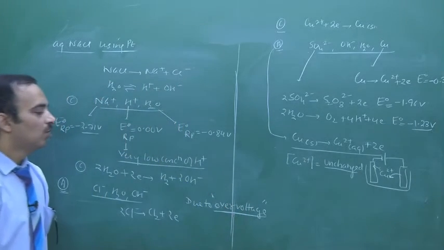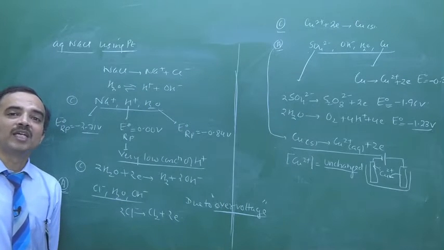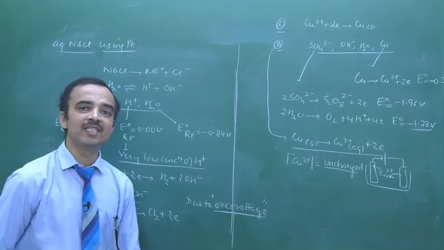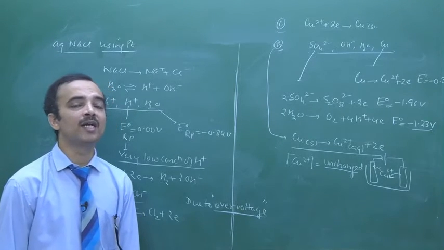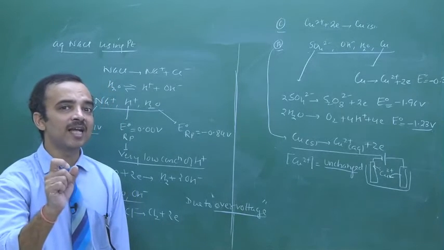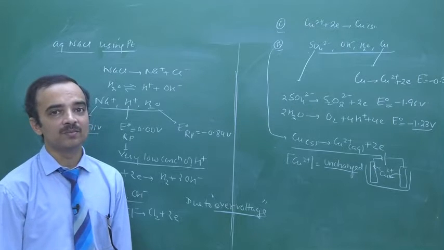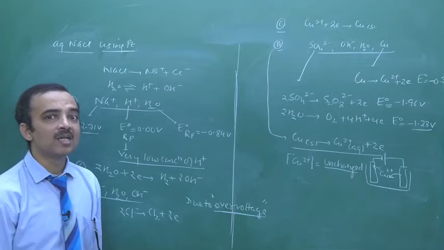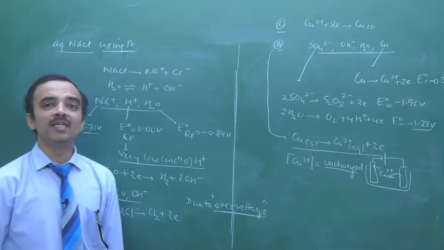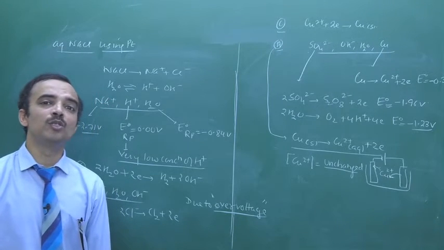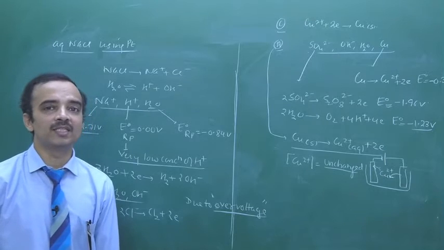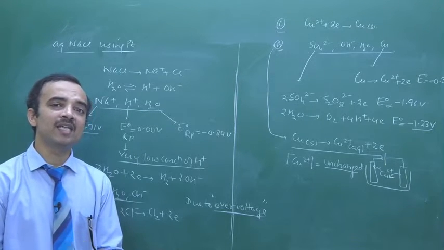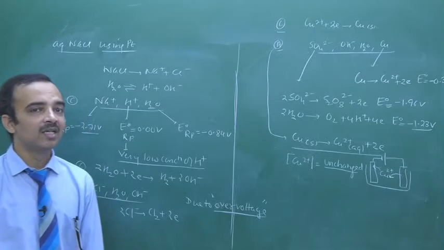What is overvoltage? Sometimes the actual potential at which a substance is discharged is slightly more than the theoretical potential at which it is expected to discharge. Why is it so? It is sometimes due to a slow rate of reaction, because we know that for slow reactions activation energy is high.